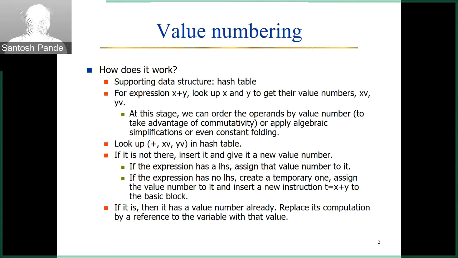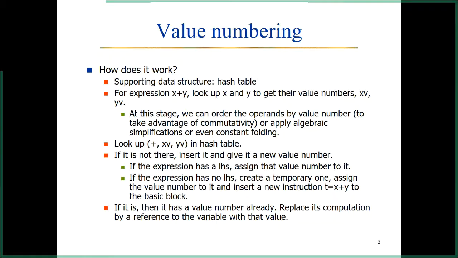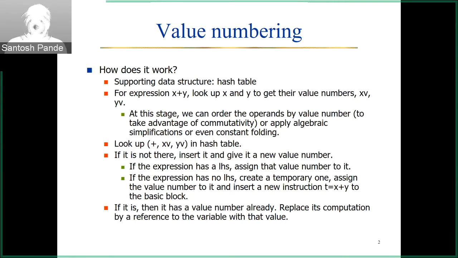And we will hash each one of the names and find out its value number, and we'll generate a value tree out of it. And then we'll look up the value tree in the hash table. If it's not there, we'll insert it. We'll give it a new number because it's a synthesized value. And if that has a left-hand side to it, suppose t is equal to x plus y, we'll give that value number to that t.